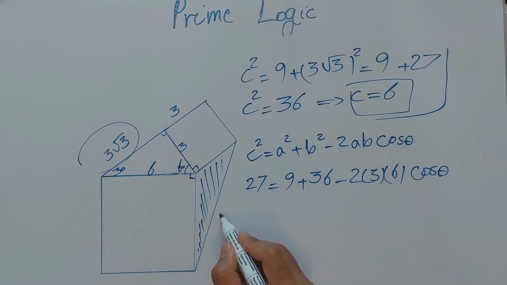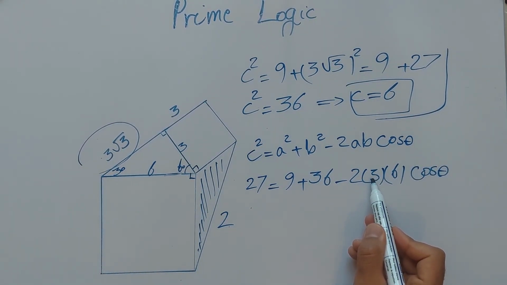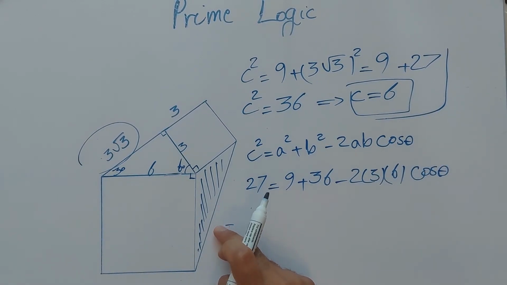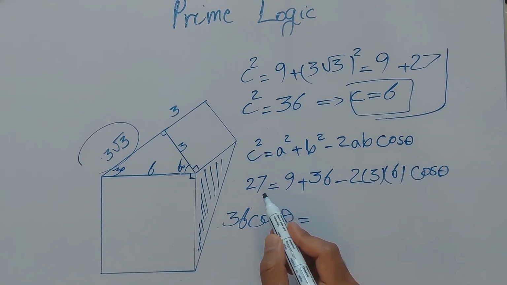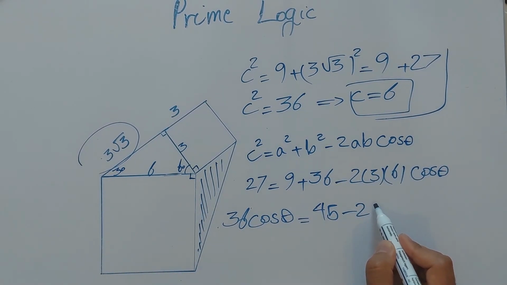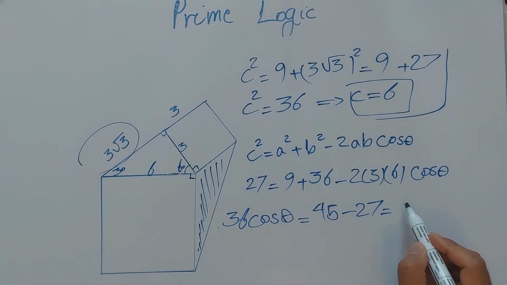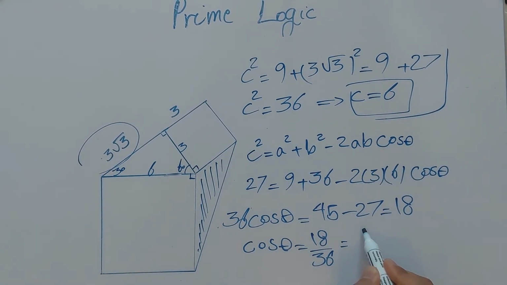So we can simplify that as 2 times 3 is 6, times 6 is 36. So 36 cosine theta equals 9 plus 36, which is 45, minus 27, which is 18, right? So 36 cosine theta equals 18. So cosine theta equals 18 over 36, or 1/2.